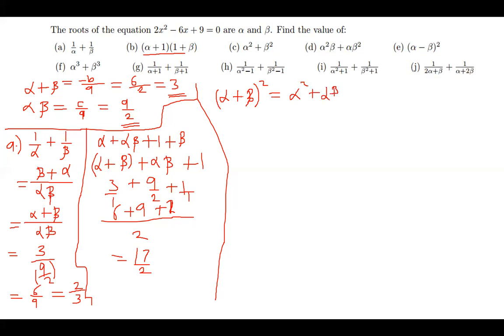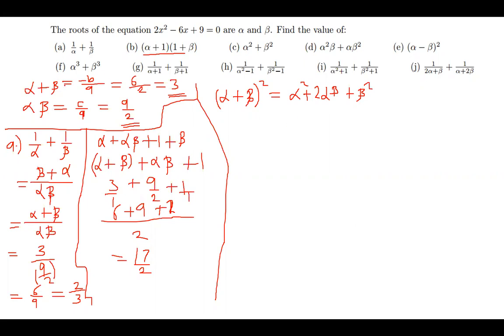When you multiply beta times alpha, you also get another alpha beta, which implies we're going to have 2 alpha beta there. So we have plus 2 alpha beta, and then plus beta squared again. So this is what you get.